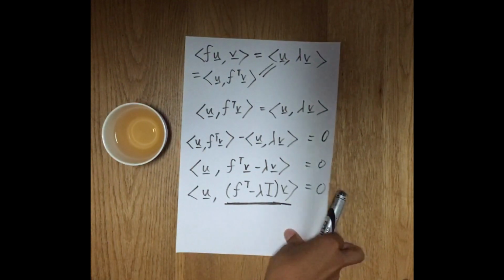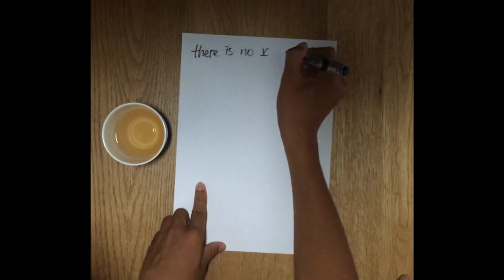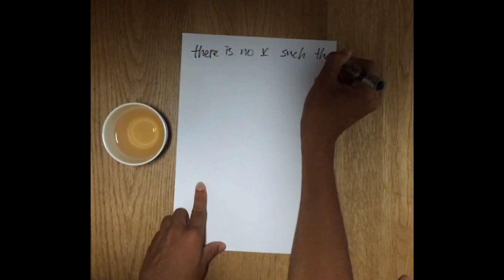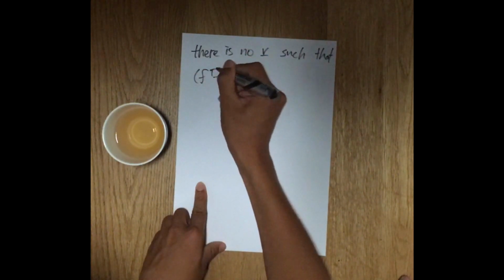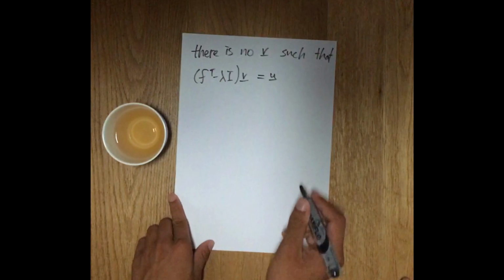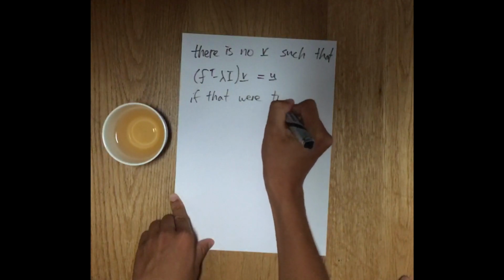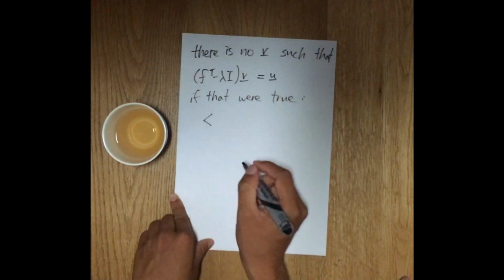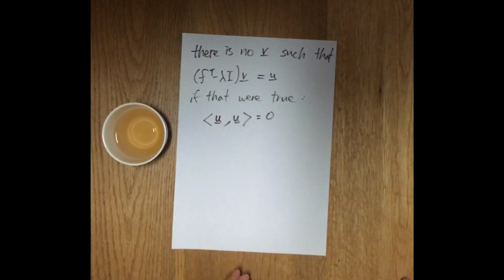This special case is very cool, which is that there is no V such that F transpose minus lambda I applied to V is equal to U. Because if that were true, then our previous expression would reduce to U dot U is equal to 0. But this cannot happen since U is non-zero.